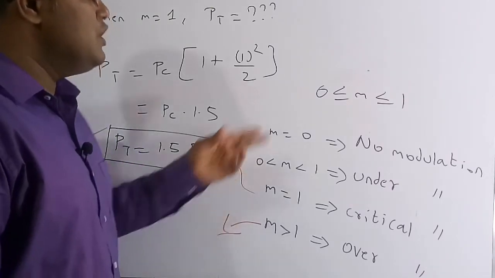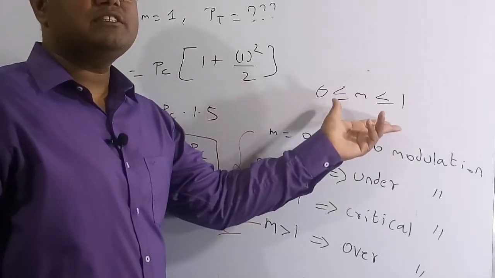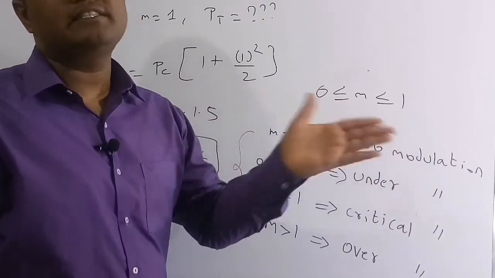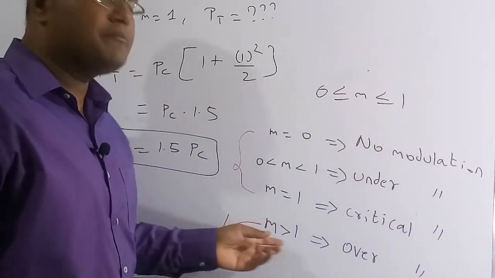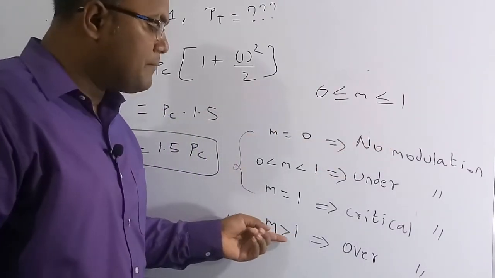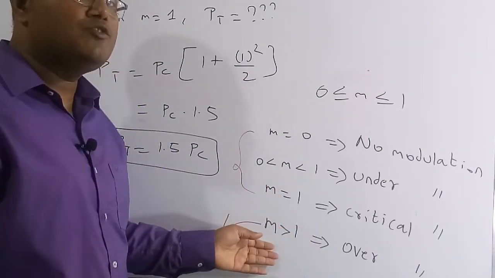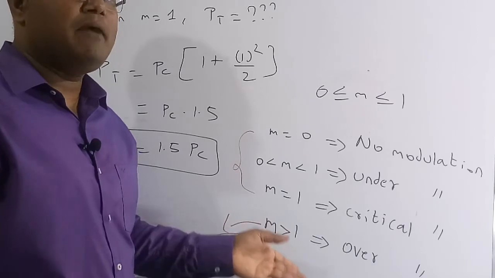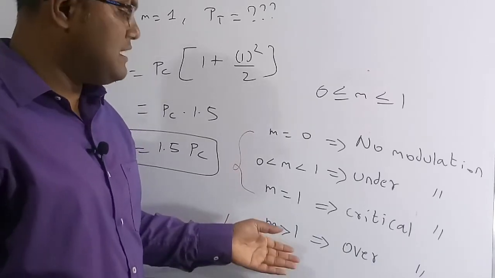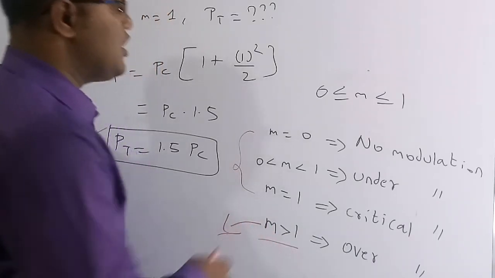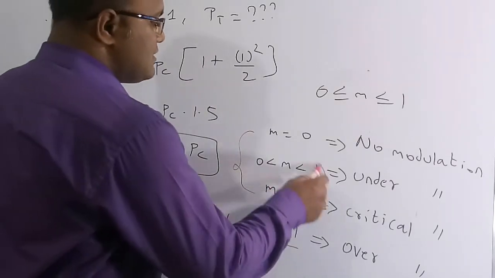That is the reason. Whenever m lies in this range, we get the original signal back, but not for m greater than 1, because then there is distortion in the envelope signal. So finally we are not going to get the original signal back from this modulated wave. That is why never operate in this region, always operate strictly in this region.